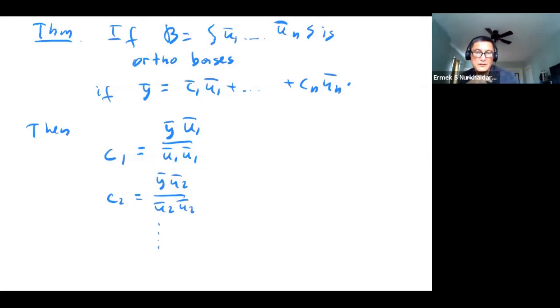Okay. So that's exactly what we stated for three-dimensional vectors, but it's also true if you have a basis consisting of n vectors.